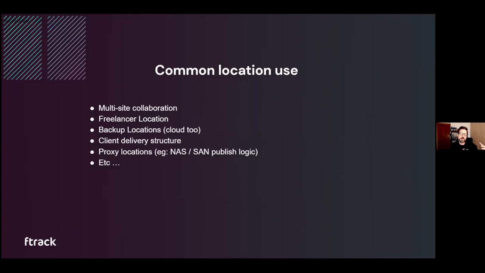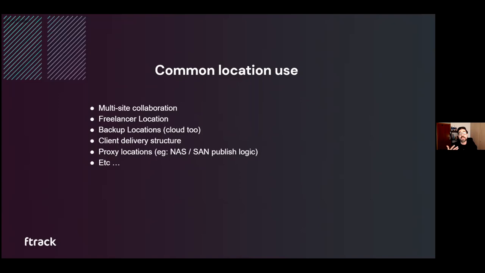In ftrack, what you can actually do, and might want to do, is create a structure for your delivery. So your client will have their own structure, and when you transfer the file to their location, it will simply get named correctly for your client. And that could be accessible, for example, as an FTP location where you upload the files for your client.